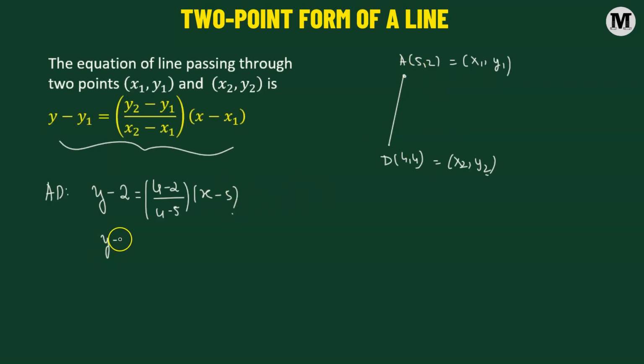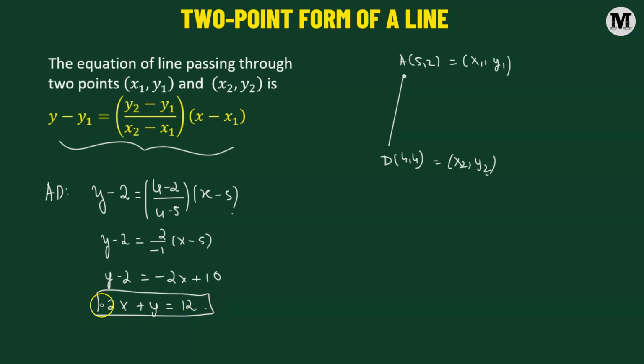So we get y minus 2 equals 2 over negative 1 times x minus 5, which gives us y minus 2 equals negative 2x plus 10. Rearranging the terms, we get 2x plus y equals 12. So this is the equation of the angle bisector of our triangle ABC.